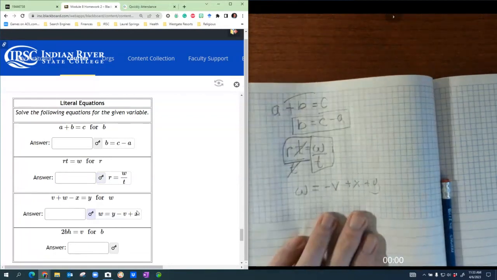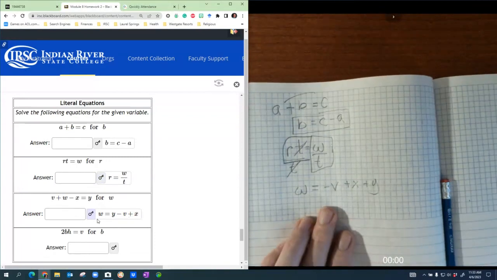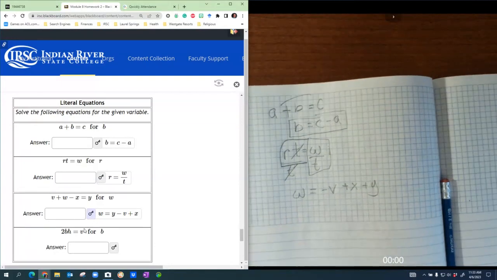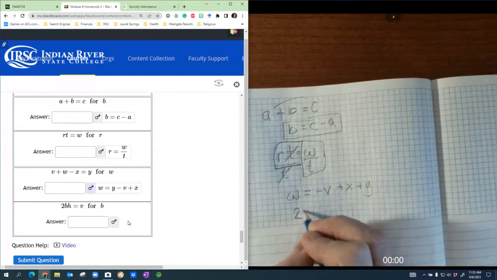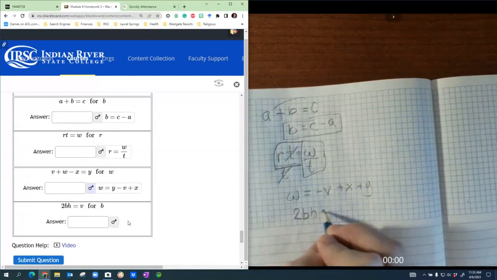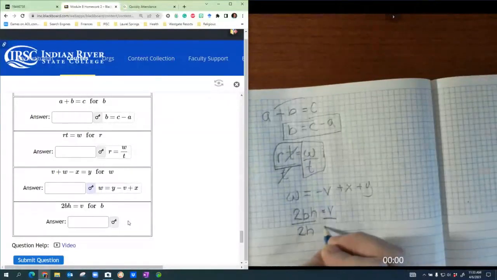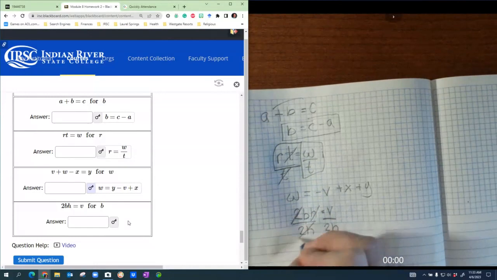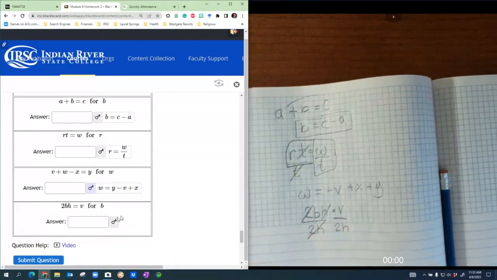They put the y and then the negative v, but I assure you that they'll accept negative v plus x plus y. Now when we're solving for b here, we're going to divide both sides by 2h because we got to get b by itself so that these wipe out. So your answer is b equals v over 2h.